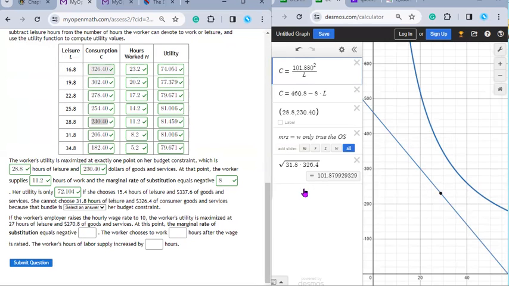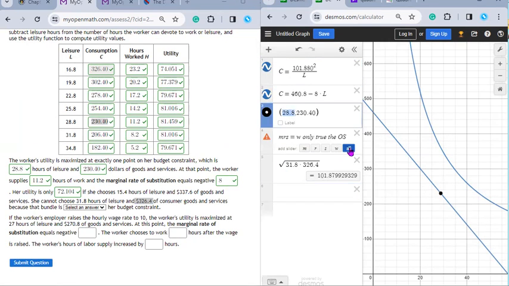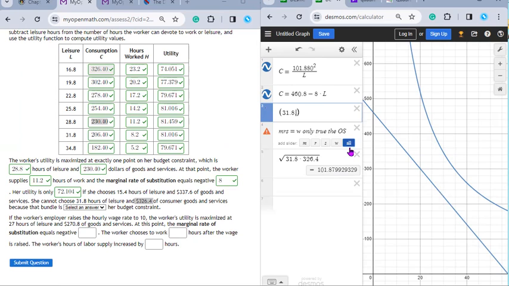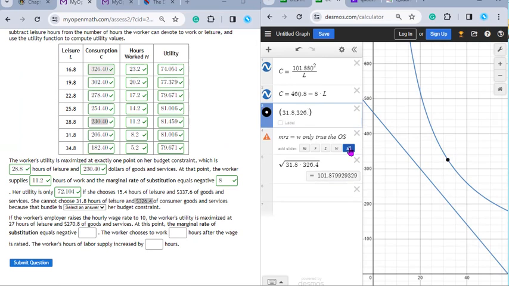Now let's find out why. Let's plot this point: 31.8, comma, 326.4. Out here, right?